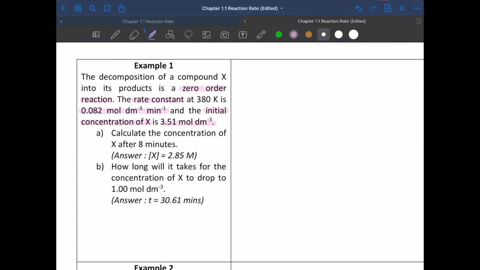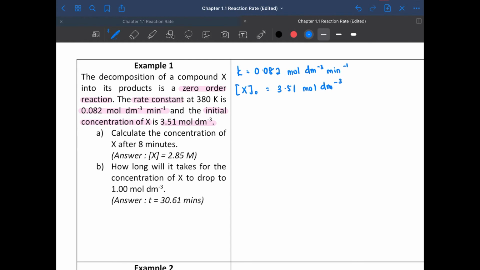It is better if you write down the information given. So k equals 0.082 mole per dm cube per minute, and the initial concentration of X, X naught, equals 3.51 mole per dm cube.